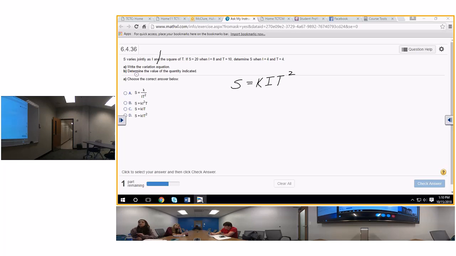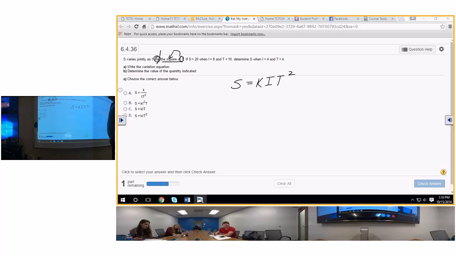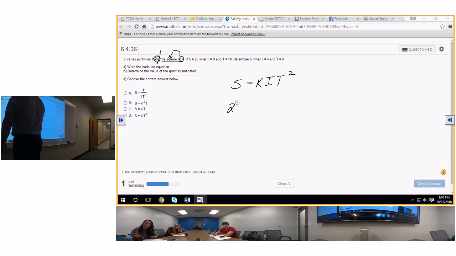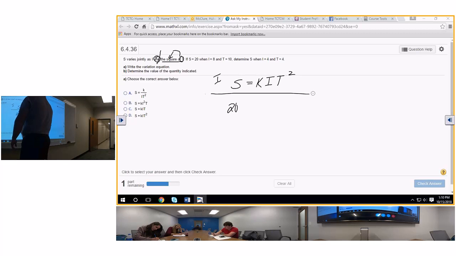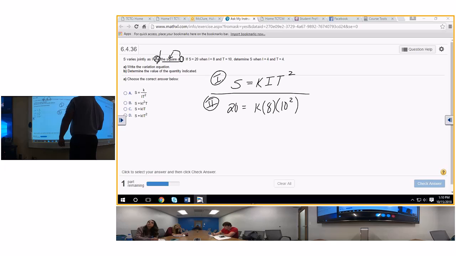They're saying S varies jointly as I and the square of T. So T is squared. All right? So that's part 1. Part 2, S is 20, I is 8, and T is 10 squared. So I have to find K.